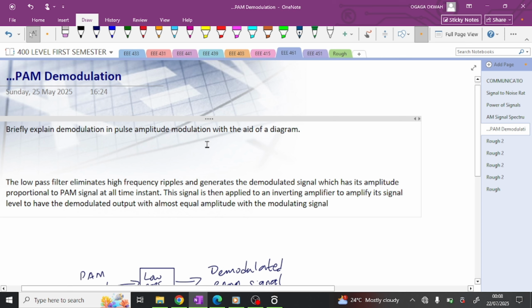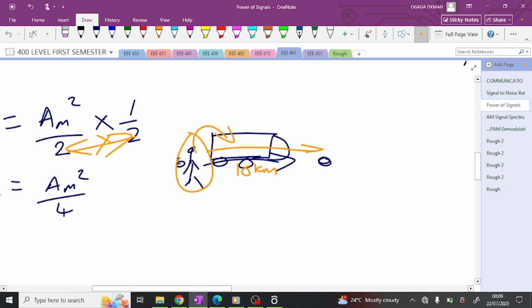We talked about this in the previous video: you want to get somewhere and you enter a bus. When you get to the destination, you exit the bus. Think of getting into the bus, so that you will be carried from one point to the other, as modulation. Getting out of the bus is demodulation.